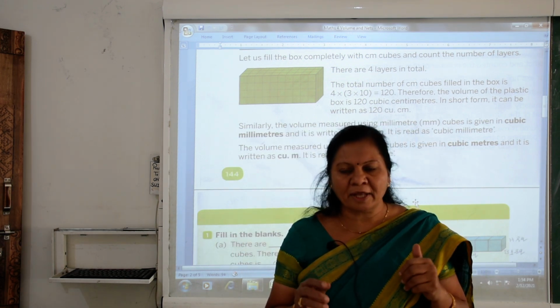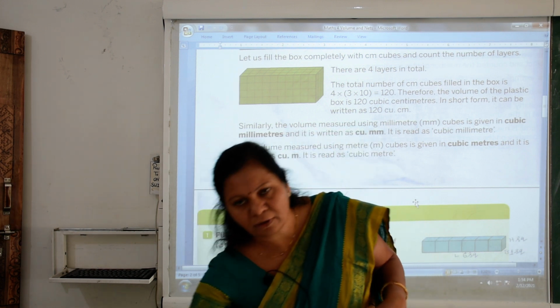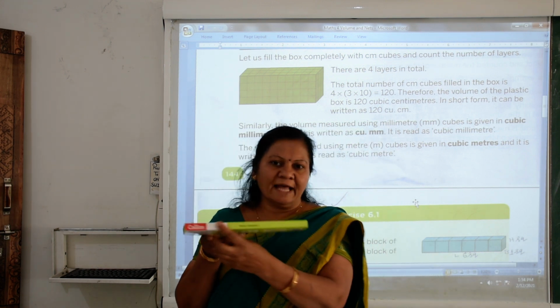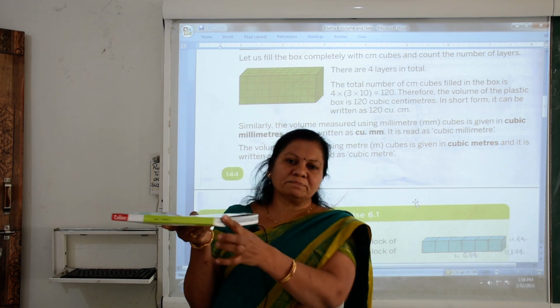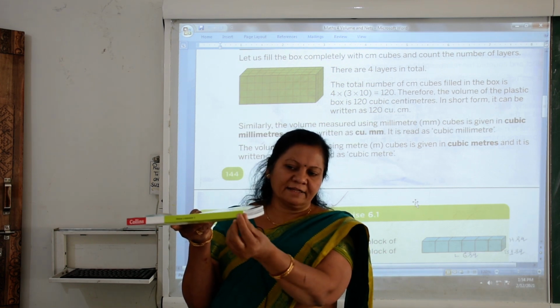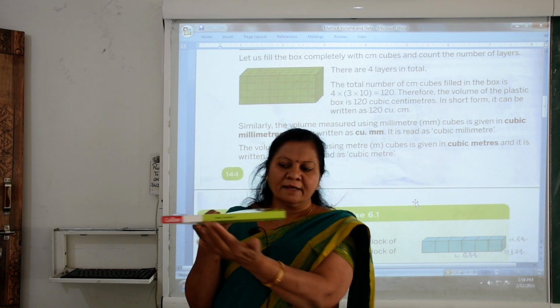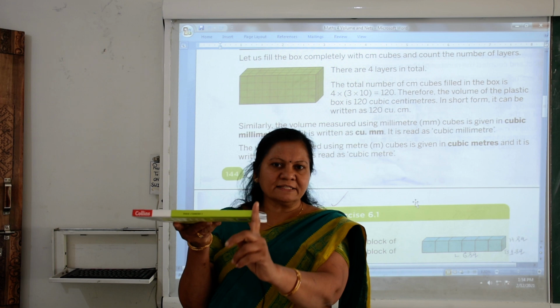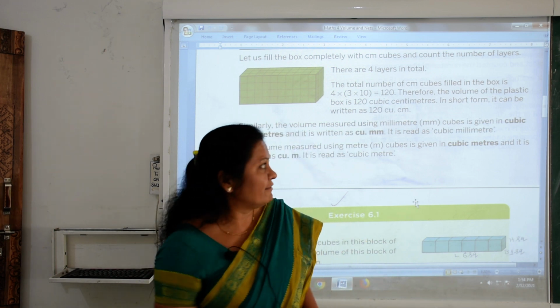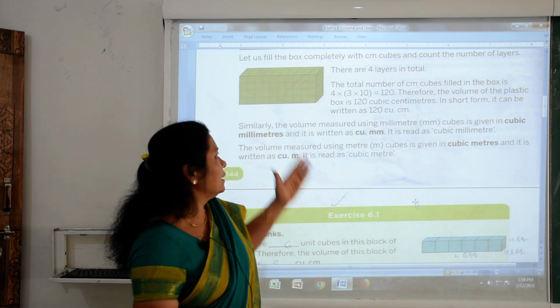You saw the 3D shape, in it this is length, this is breadth, and this is height. This way we can find out the volume of this box.